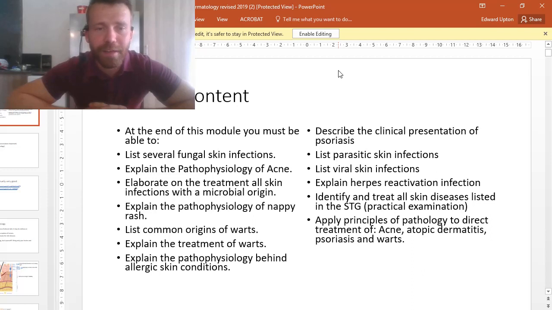That's stated very badly there actually. But there's quite a few diseases that are actually from bacteria or from viruses or even from parasitic infections as well. So we'll go over all of those in due course. List the common origins of warts, so where you actually get them, explain the treatment of warts, how you get rid of them, etc. I think this is pretty self-explanatory.